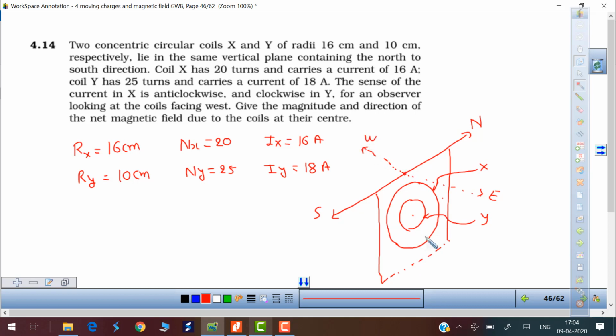Understood? So looking from this side, a person is looking at the west side. So current in X is anti-clockwise direction. Anti-clockwise means in this direction, so this is the direction of current, and here in Y it is clockwise.